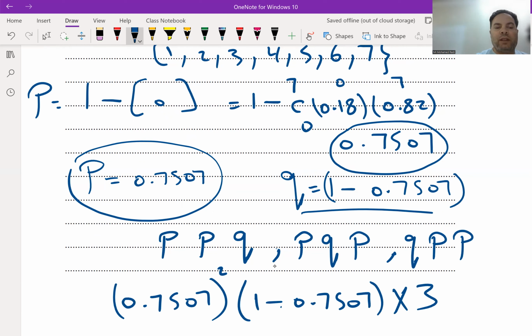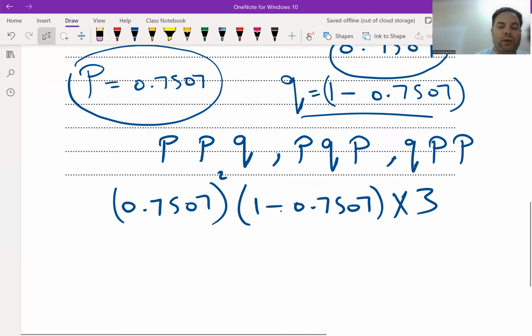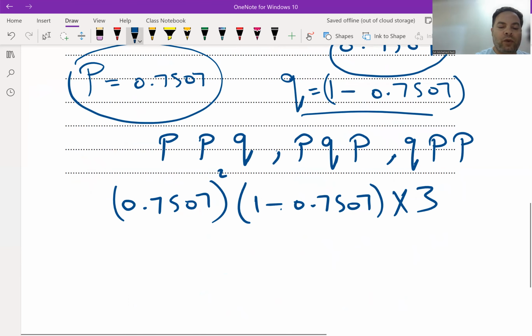Don't forget to multiply by 3, which represents the order. So the final answer, to 3 significant figures, is 0.421.